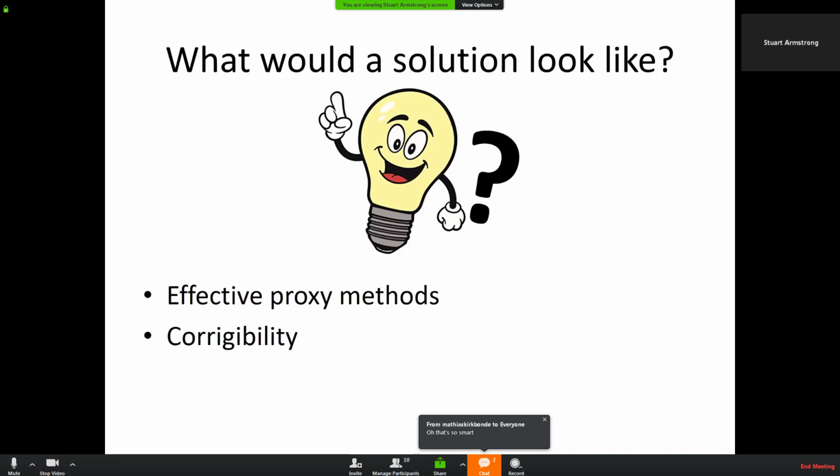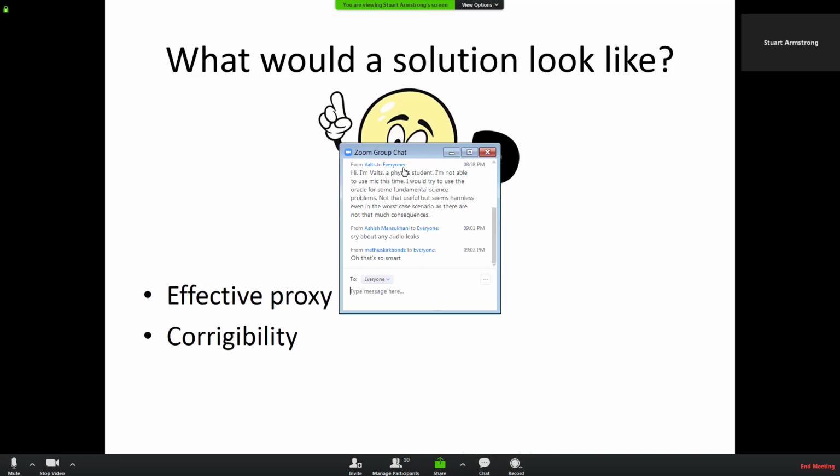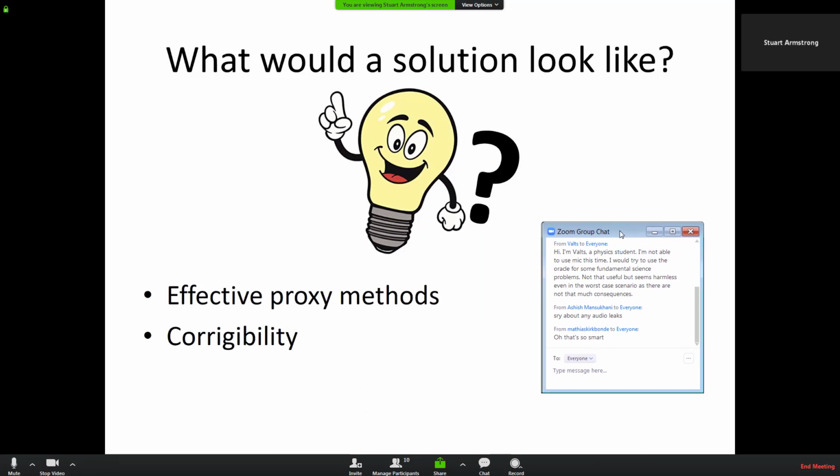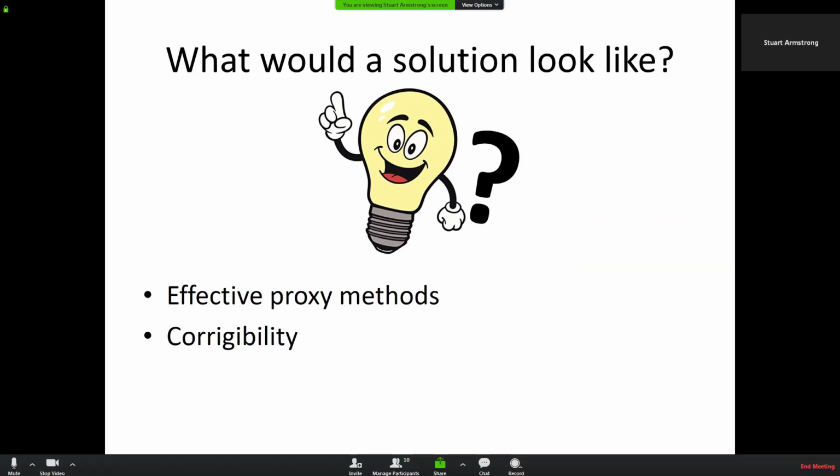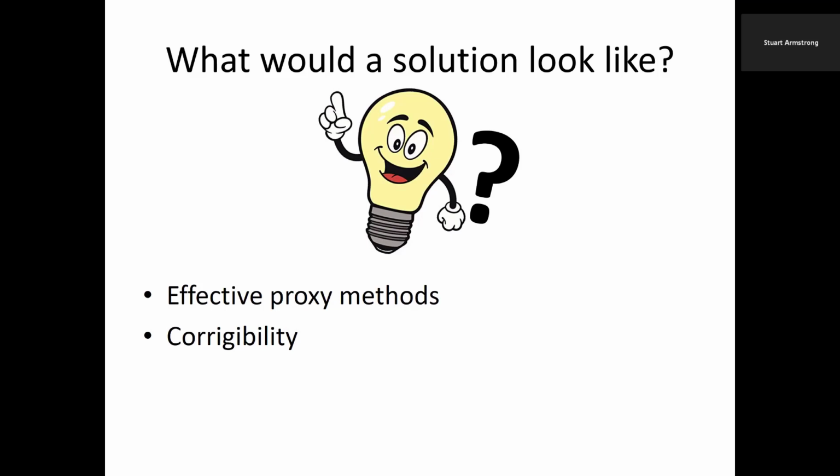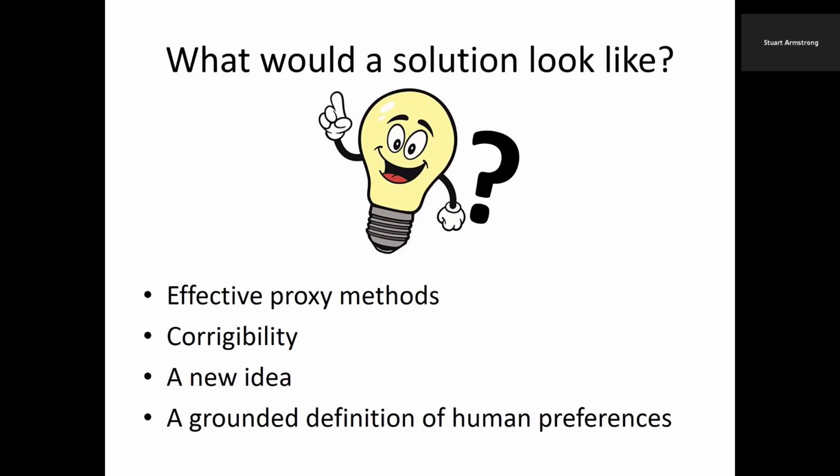Another approach which might work is corrigibility. We start with one goal structure and we modify it successfully and repeatedly until it aligns more with what we want. There's the catch-all of some brilliant new idea. And finally, some grounded definition of human preferences.